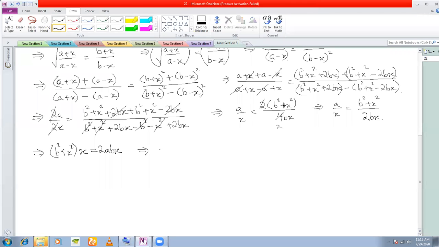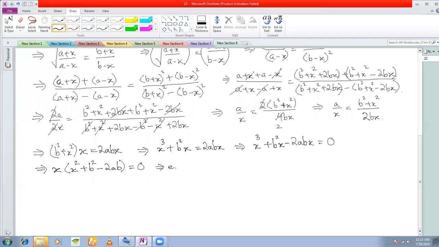That means you get x cube plus b square x is equal to 2abx, which means x cube plus b square x minus 2abx is equal to 0. Now if I take x common from all these, you get x into x square plus b square minus 2ab is equal to 0.